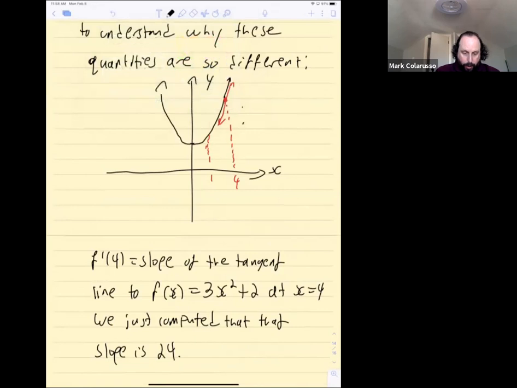Now, what does the average rate of change represent? So let me draw the following. Here we have the point 4, f of 4, and here we have the point 1, f of 1. And I'm going to draw the purple line connecting those 2 points.